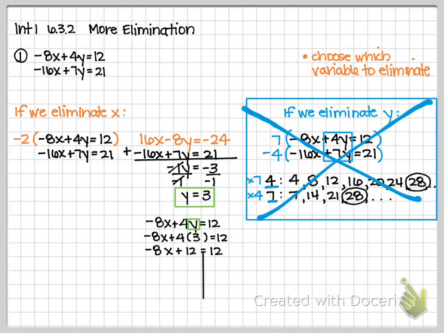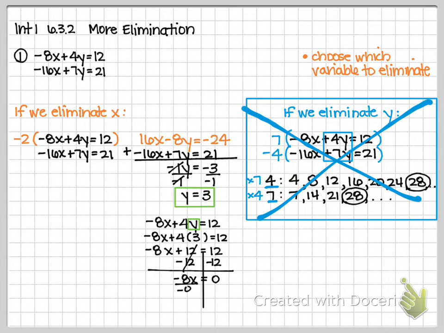Let's draw that line, since we're now going to start moving things back and forth. Minus the 12, that cancels. Negative 8x. Okay, 12 minus 12 is 0. This is fine. Keep going. The only time we worry about no solution or infinite solutions is when the variables just disappear.